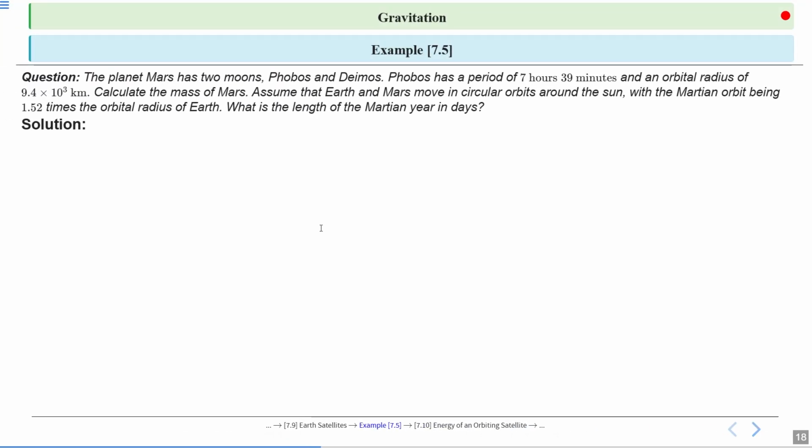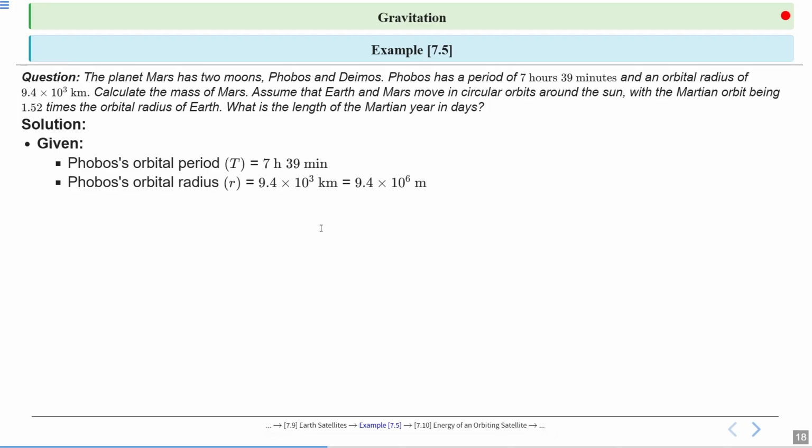Let's see the solution. So let's start by identifying the given information in the problem. Phobos orbital period is equal to 7 hour 39 minute. Phobos orbital radius is 9.4 into 10 raised to the power 3 kilometer.